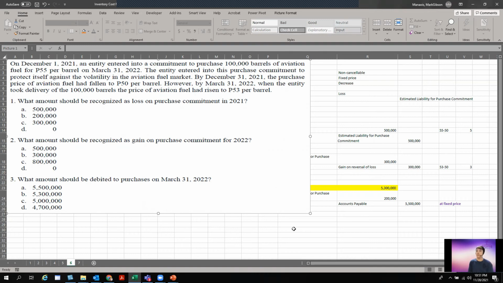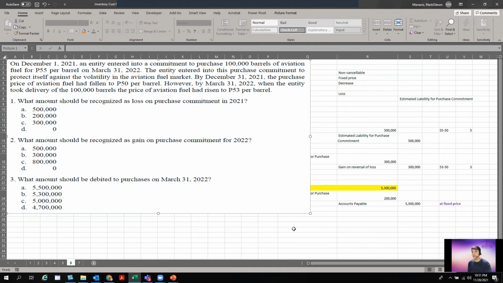By December 31, 2021, the purchase price of aviation fuel had fallen to 50 pesos per barrel. However, by March 31, 2022, when the entity took delivery of the 100,000 barrels, the price of aviation fuel had risen to 53 pesos per barrel.